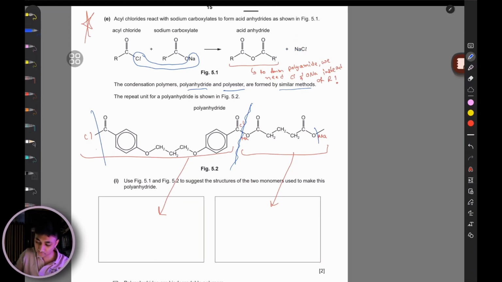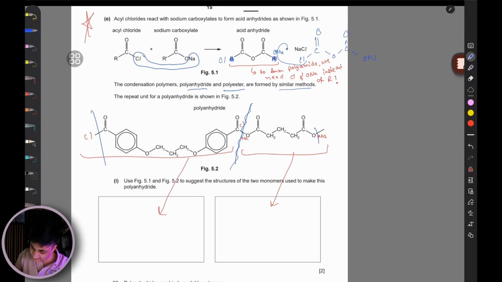However, if rather than this R, there was, let's say, ONa, and rather than this R, there was, let's say, Cl, what would have happened? Another structure similar to this, let's say this C, Cl, O, C double bond to O, O, and this is going to be ONa.